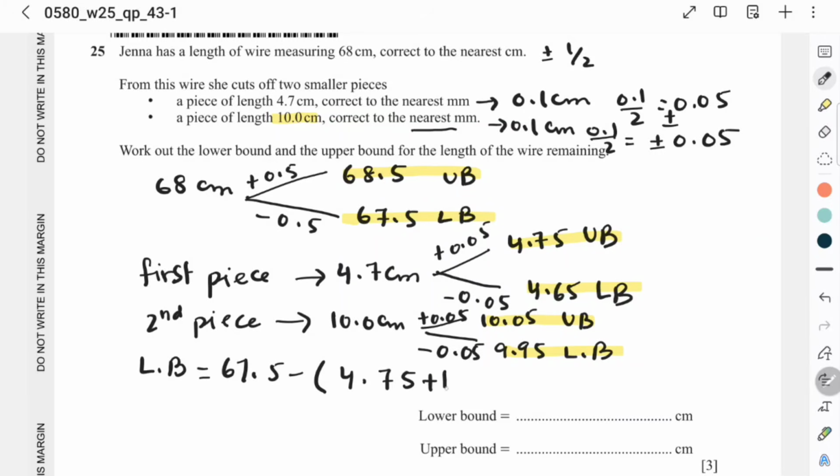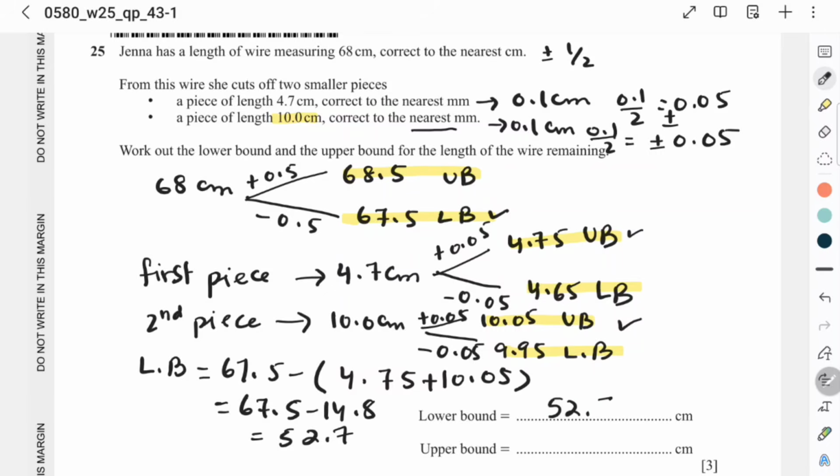The upper bounds are 4.75 and 10.05. Subtracting the maximum cut gives the smaller answer. So 67.5 minus 14.8 is equal to 52.7. So the lower bound is 52.7 centimeters.